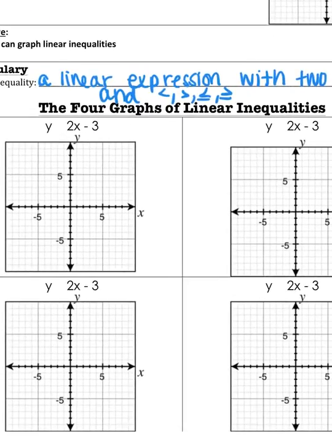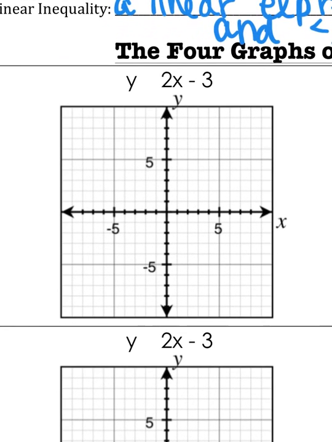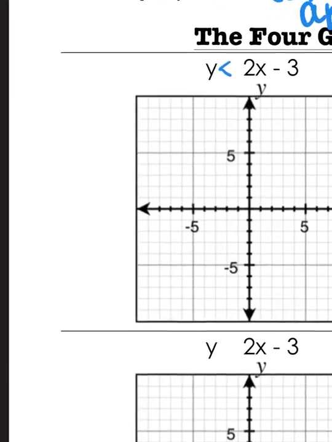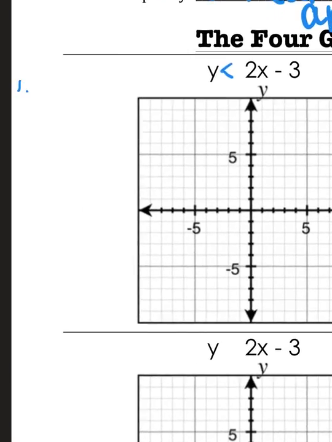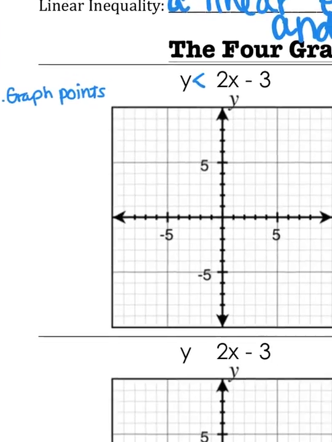So there are four graphs of linear inequalities. The first one we're going to start with is less than. So I'm going to look at what the graph of y less than 2x minus 3 looks like. The first thing we're going to do is graph points just like we would do for a line.